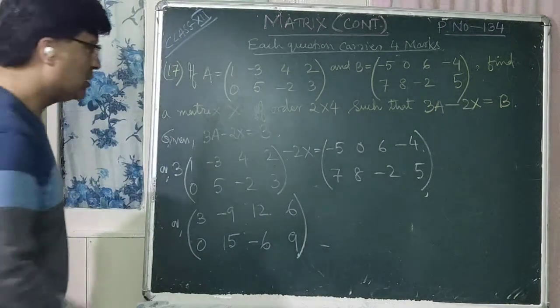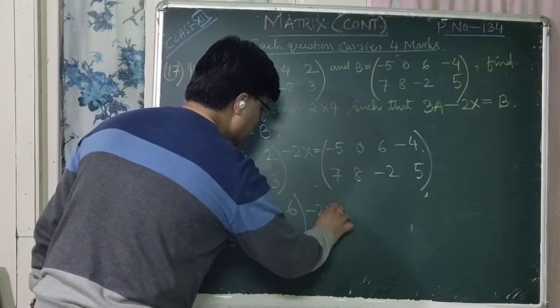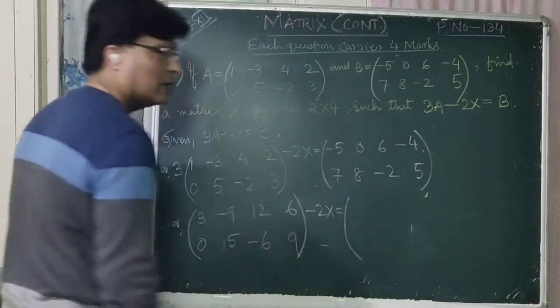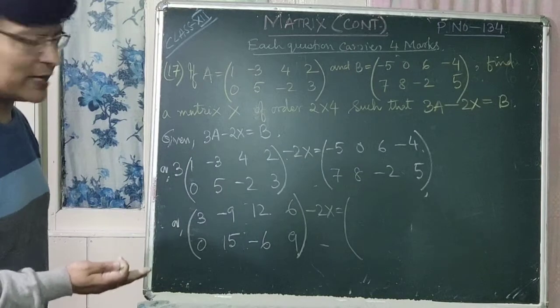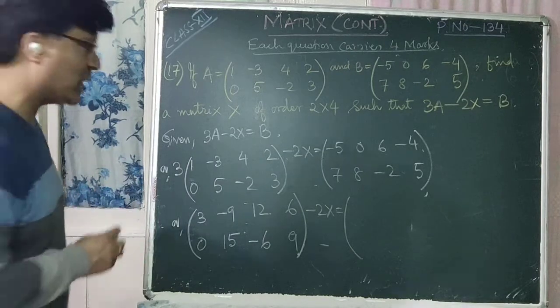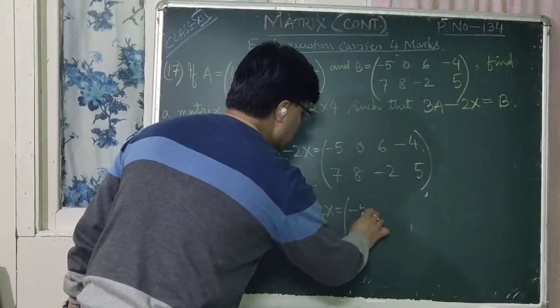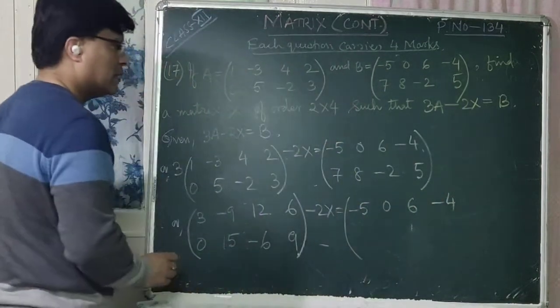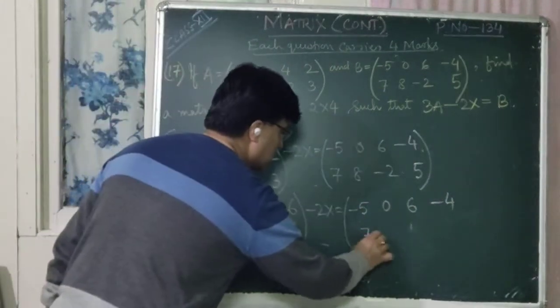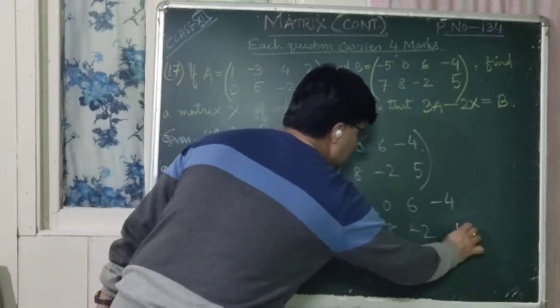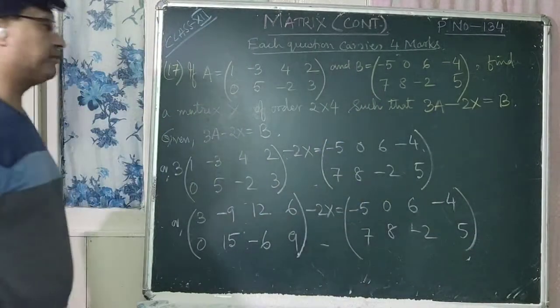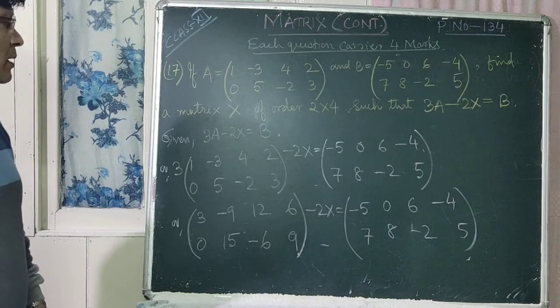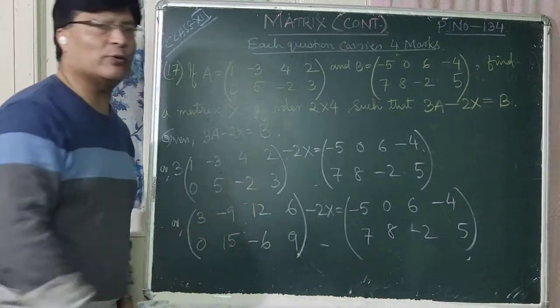Is that clear? So minus 2X remains the same, is equal to, and this right hand side matrix also remains the same, that is minus 5, 0, 6, minus 4, and 7, 8, minus 2 and 5. Is that clear?